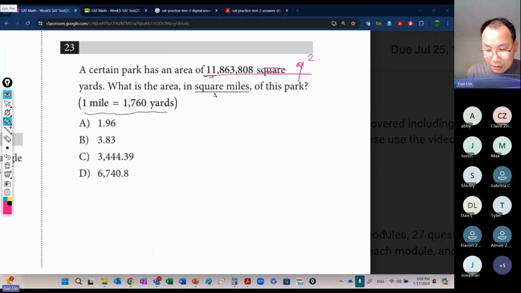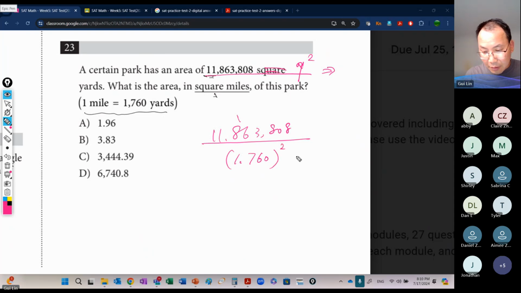When we transform to miles, we need to do what? Yards, which actually is 1,760 yards per mile, squared, right?